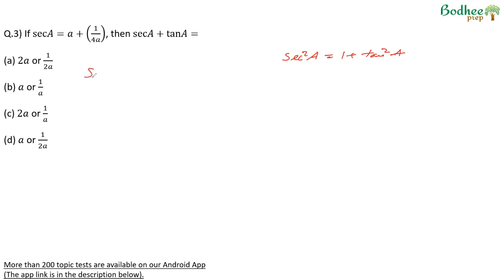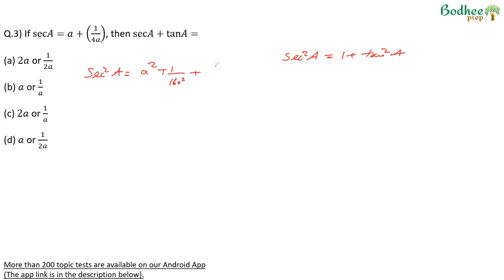So from here I can say sec square A is equal to A square plus 1 by 16A square plus 2 into A into 1 by 4A.